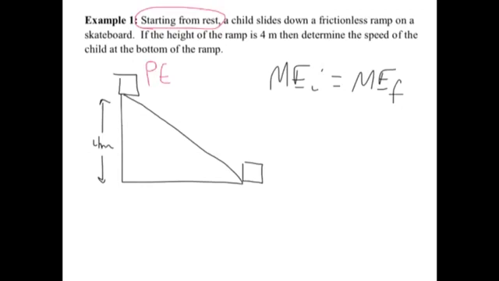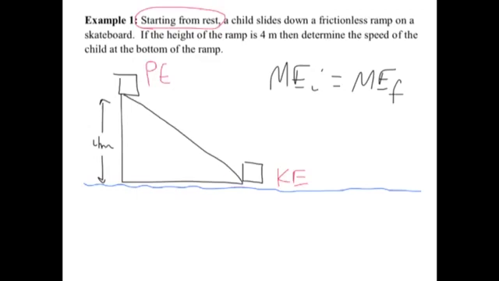So there's kinetic energy. Now, Luke, another question: why is there no potential energy at the bottom when he's on the ground? Remember, what was the formula for potential energy?